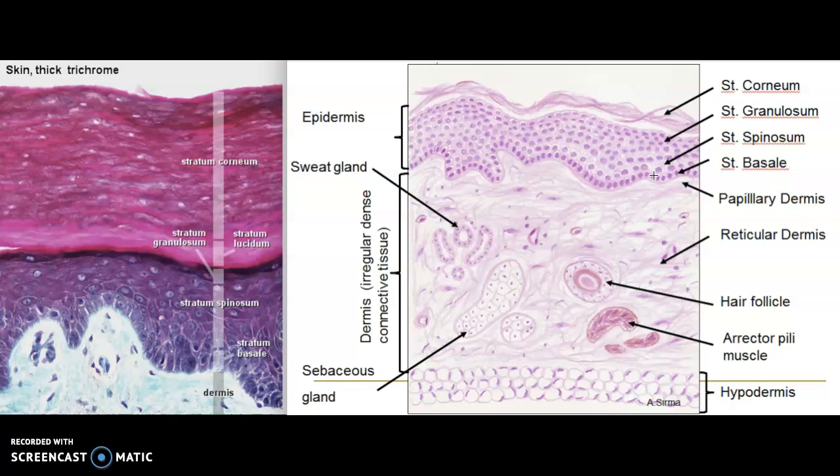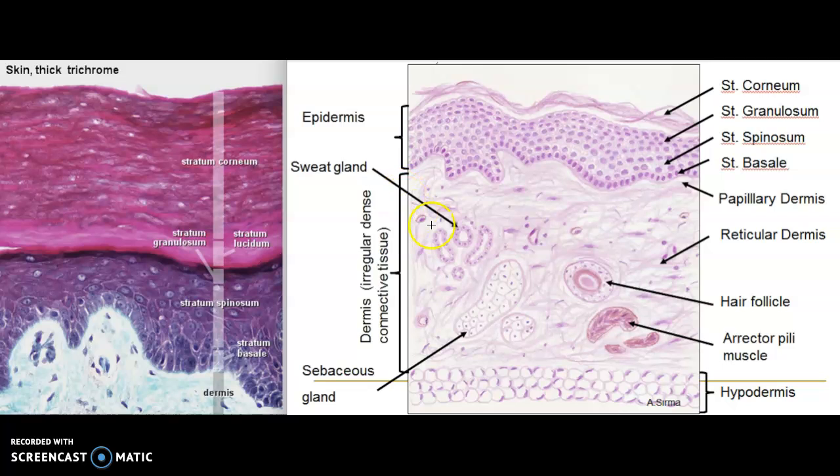Then we have stratum spinosum, which is the third deepest layer, and this is a little bit thicker than the stratum granulosum, and this is also filled with a lot of keratin. Then we have stratum basale, which is a layer that is constantly undergoing cell division.